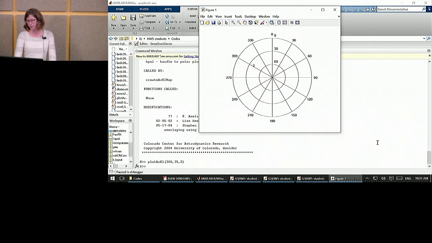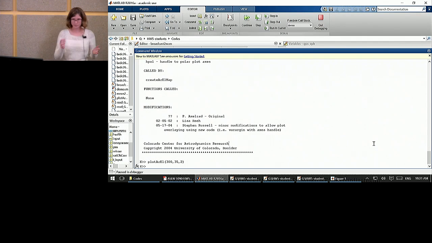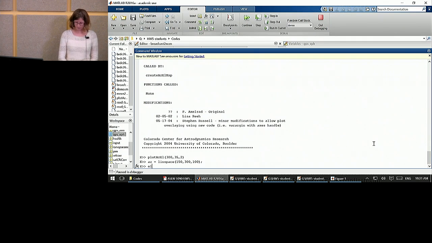Now what you can do is plot this over time, right? You can give a vector. So if I set azimuth equal to, just for a test, a linspace between 150 and 300 with 100 entries. Okay, that guy. And then we'll do an elevation of linspace.